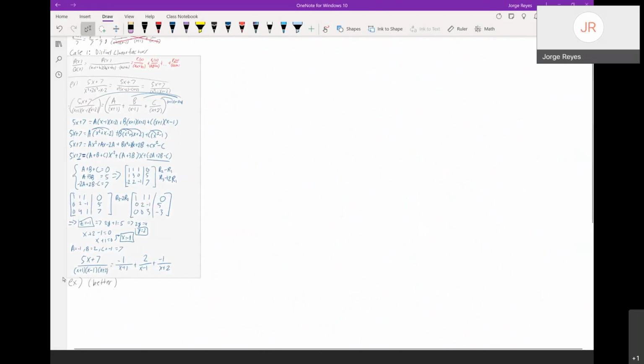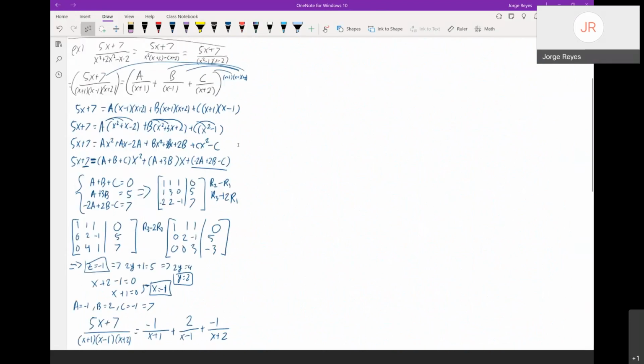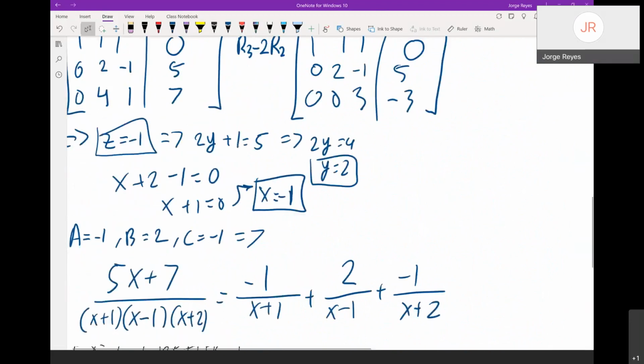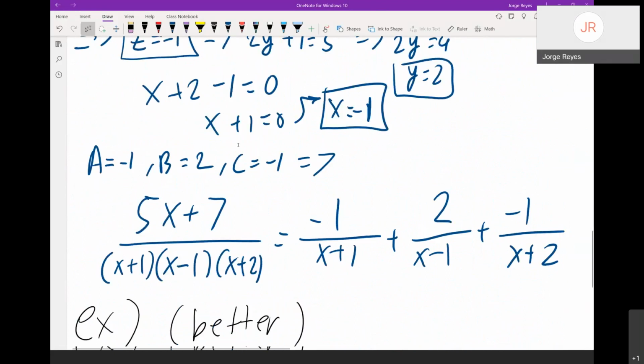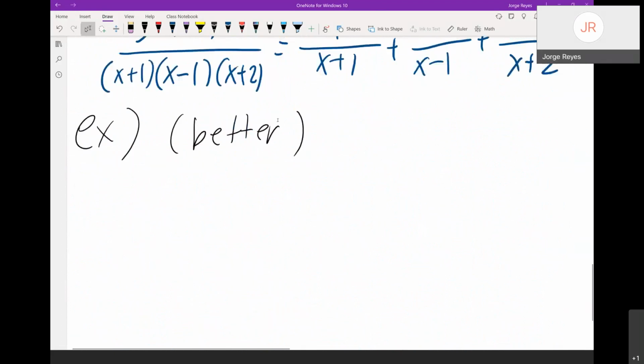I learned it the better way, which is why I call this the better way. So I'll just show you with the same example.